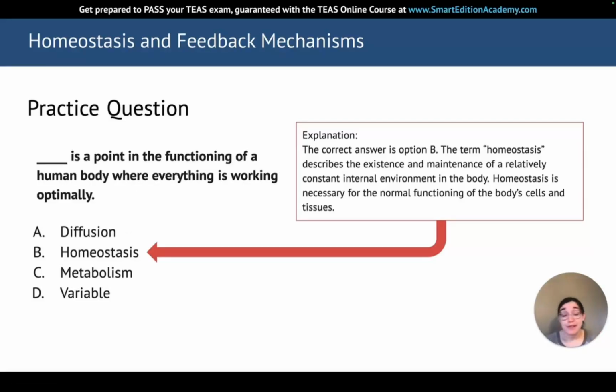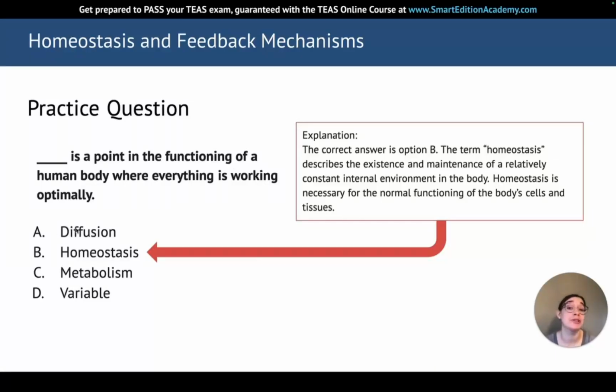So the term diffusion indicates that molecules are moving from an area of high concentration to an area of low concentration. So the body certainly might use diffusion to help maintain homeostasis, but this term by itself does not have the definition that we're being asked about in our practice question.